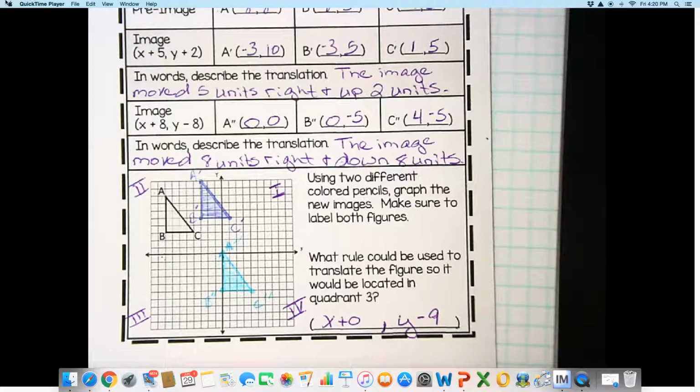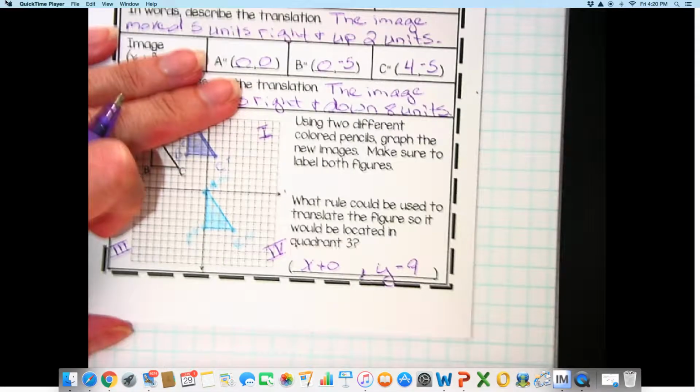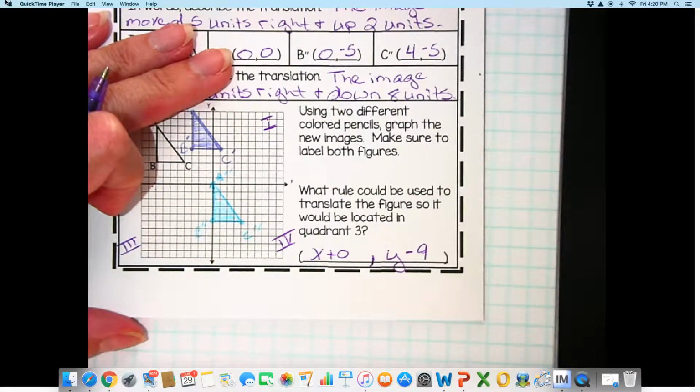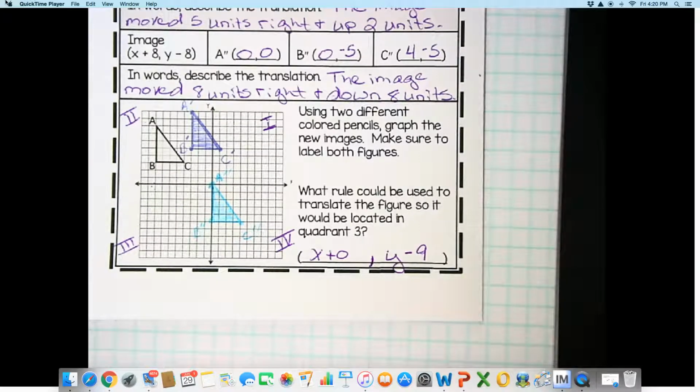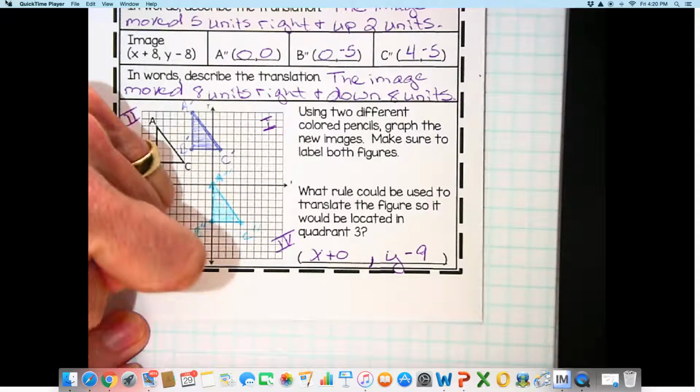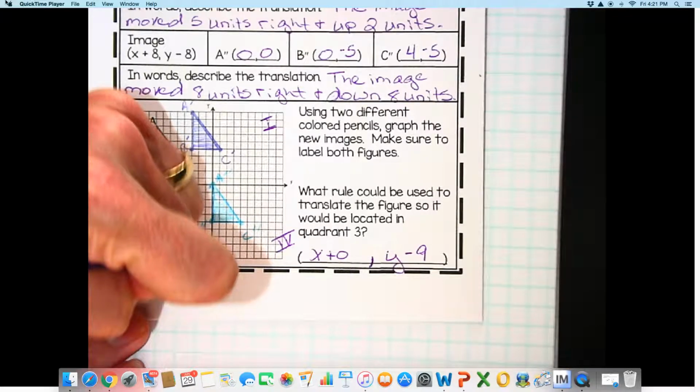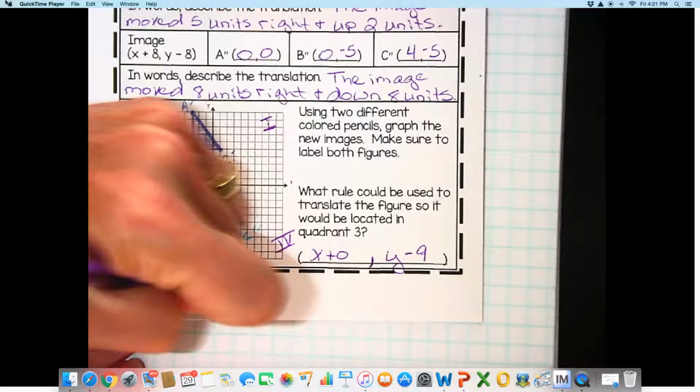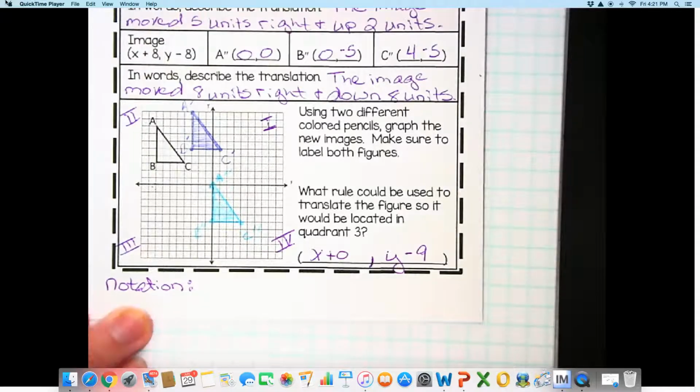Okay? Now, another thing that you might see with translations is translation notation. I wanted you to write that down and add that to your notes, because you definitely will see this at some point. Notation for translation. This is just a shorthand way that they will write things.